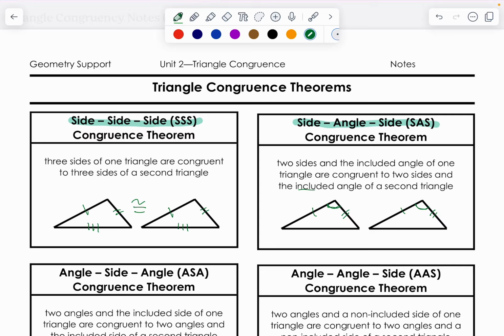There's a difference between an included side and a non-included side. The included angle is the angle in between the two sides. So that's side, angle, side. The angle is in between the two sides.